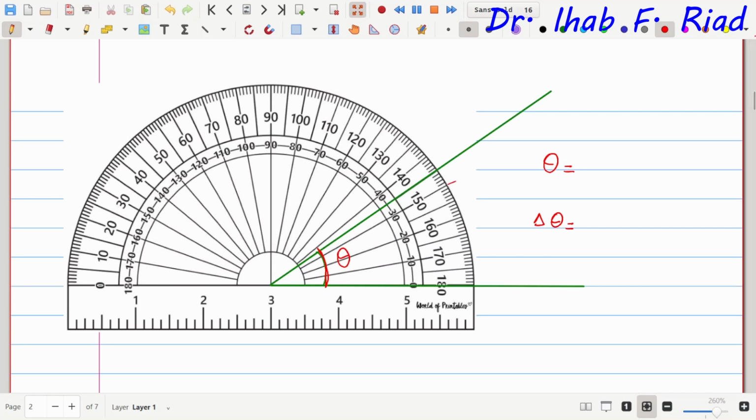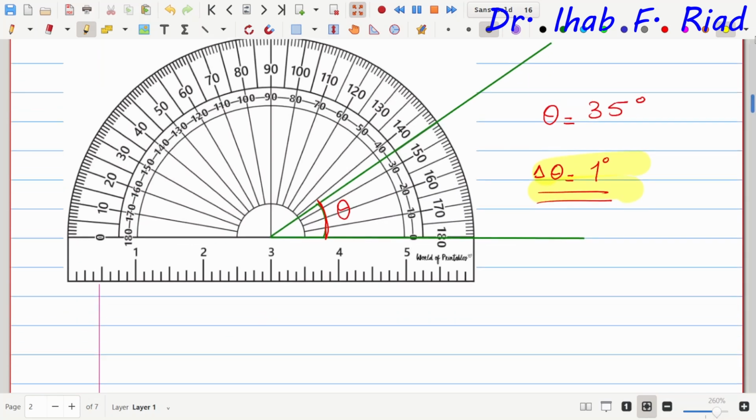This is 30 degrees, 31, 32, 33, 34, and this angle is 35 degrees. So what is the absolute uncertainty in this measurement? It is going to be 1 degree.